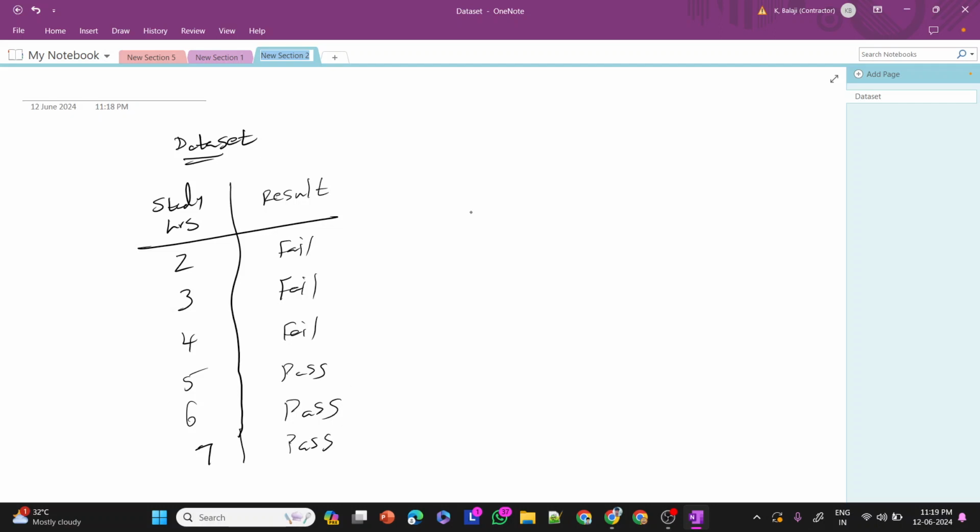We want to train a model that can take an input of study hours, and depending upon the study hours, it needs to provide an output, like whether the student passes or fails in that exam.